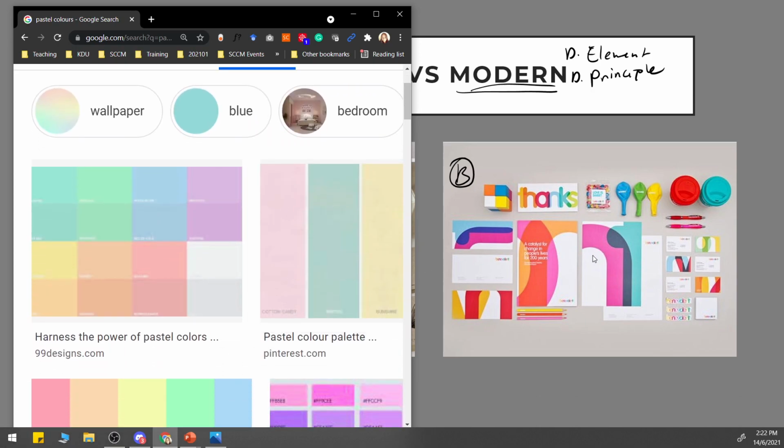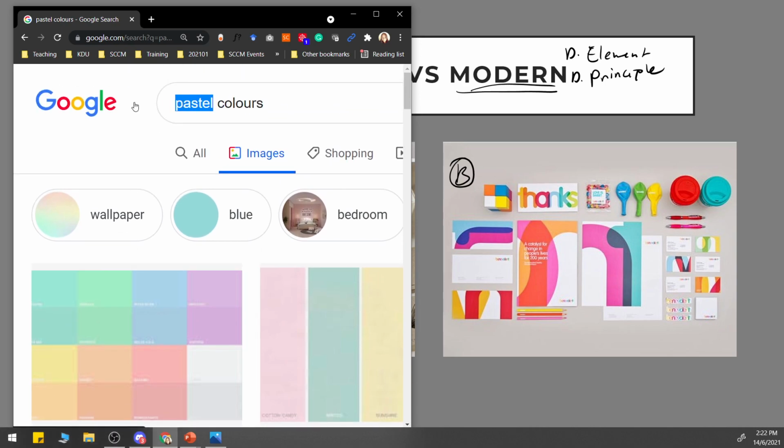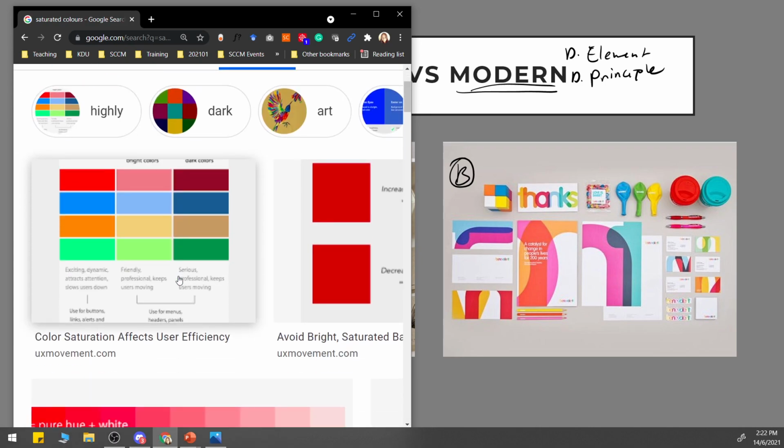Right, so pastel tends to be very pale, like if you take something and add a lot of white to it. Whereas this feels to be quite saturated colors. So this is pastel, this is saturated, and this is very dark. That's the difference in the terminology.